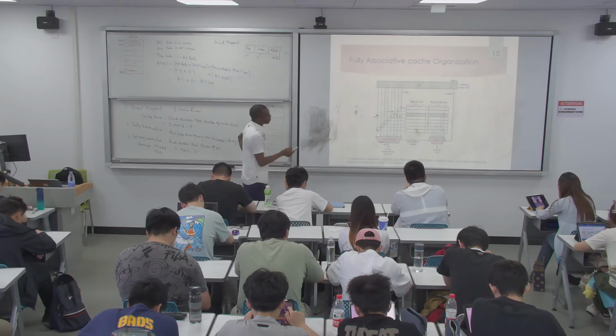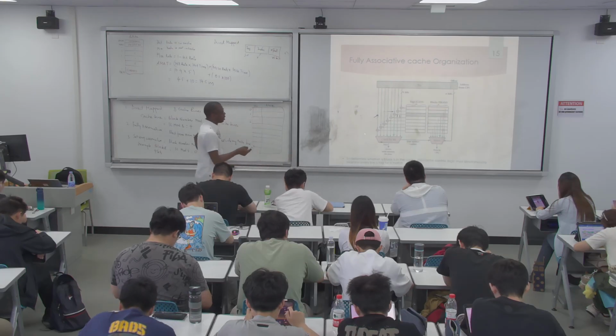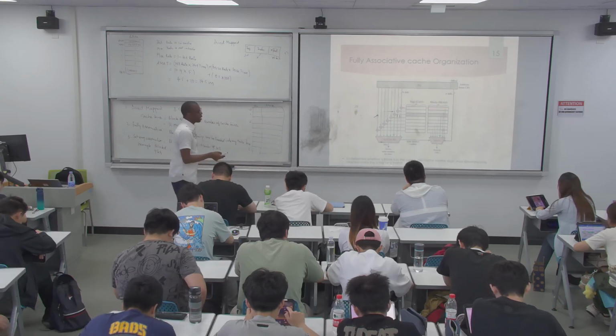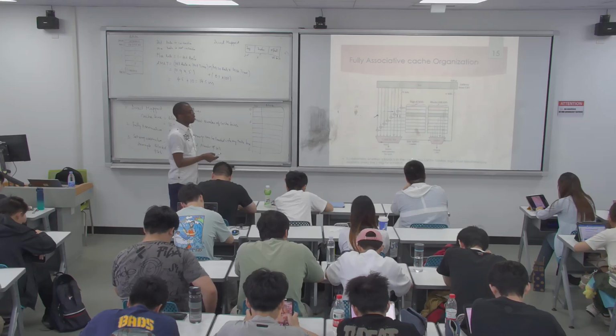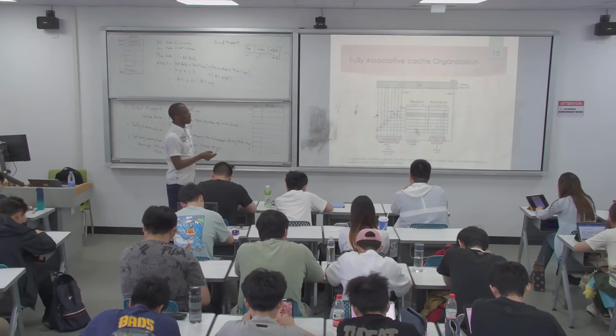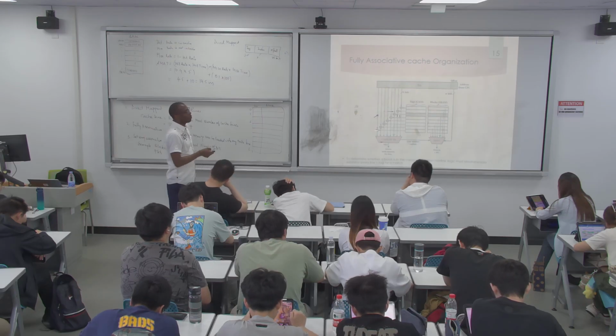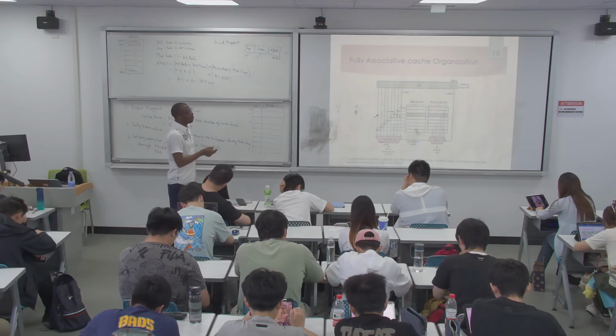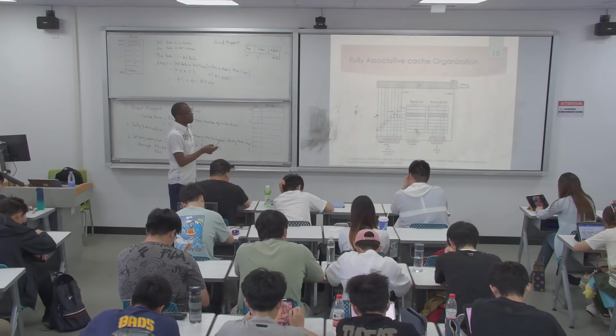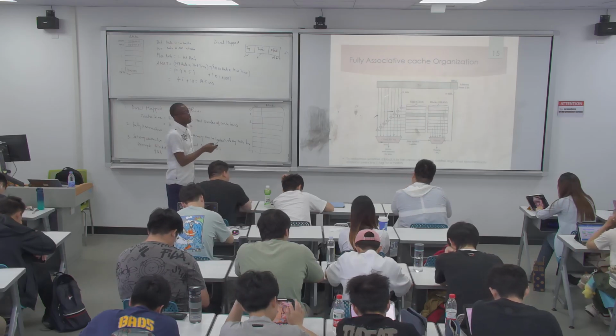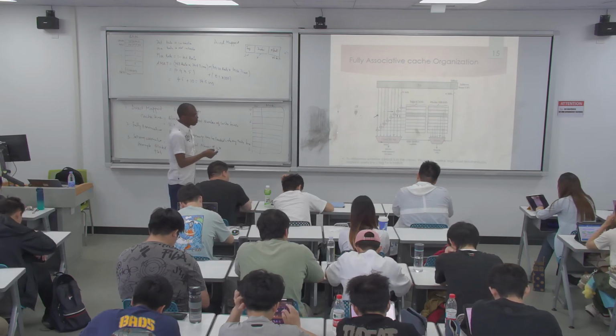Now, you see, this is more complicated. To determine whether a block is in the cache, the control must check, must assess every line's tag for a match, and it has to be done at the same time.